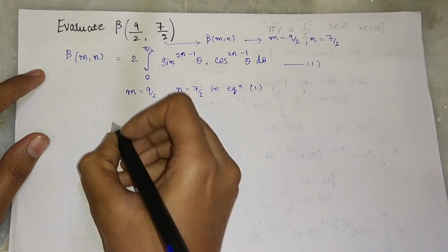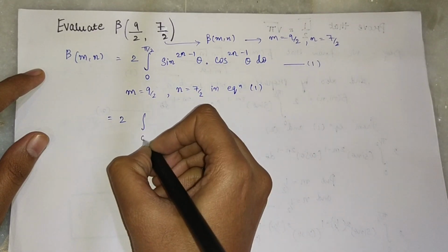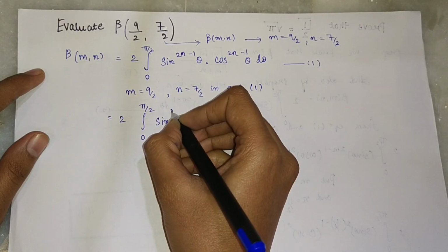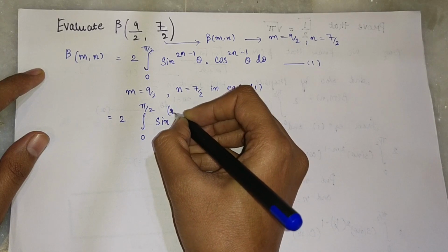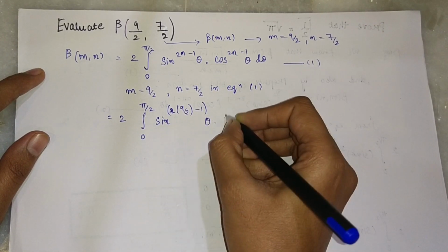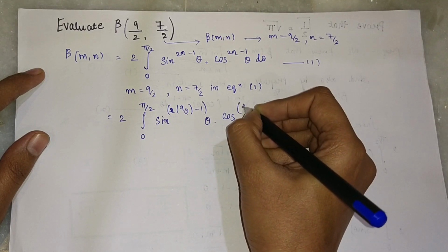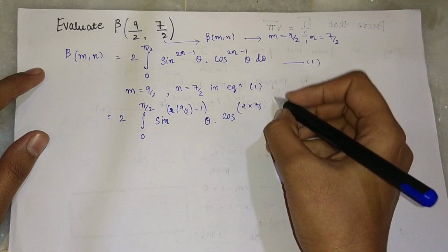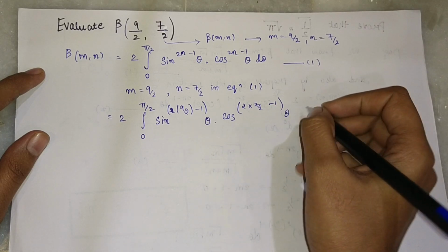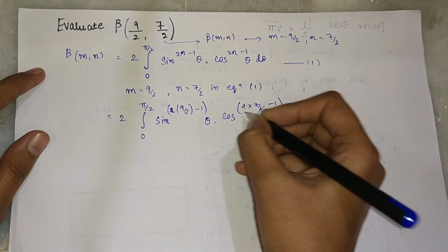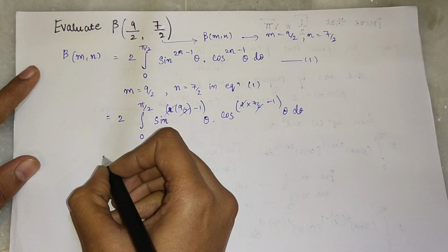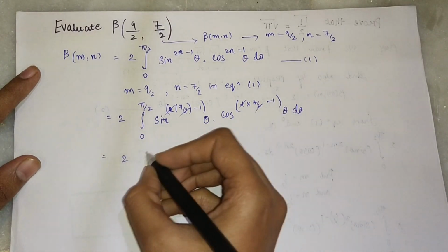Okay, so we will get 2 integral 0 to pi by 2 sine raised to 2 into 9 by 2 minus 1 theta into cos raised to 2 into 7 by 2 minus 1 theta into d theta. This 2 and 2 will get cancelled, so we will get 9 minus 1, that is 8, and here we will get 7 minus 1, that is 6.